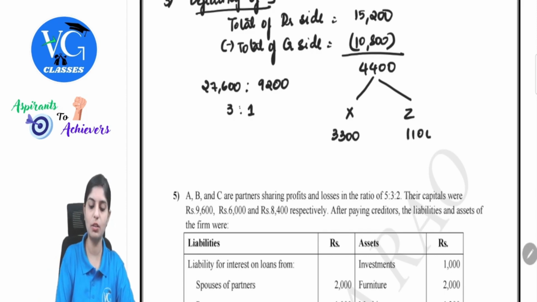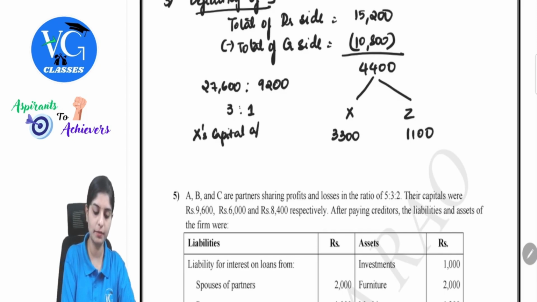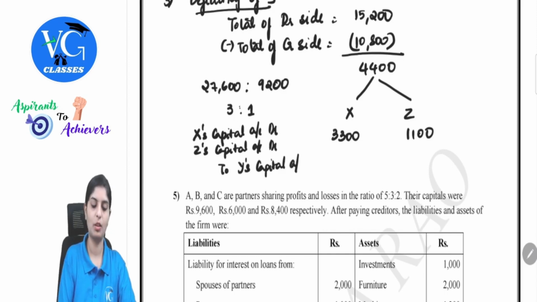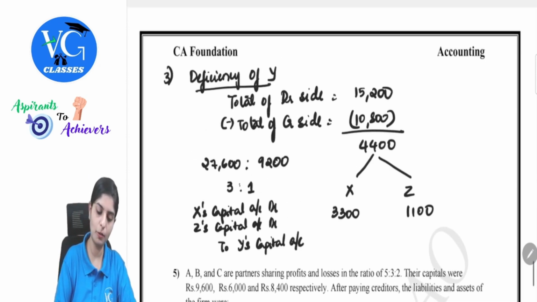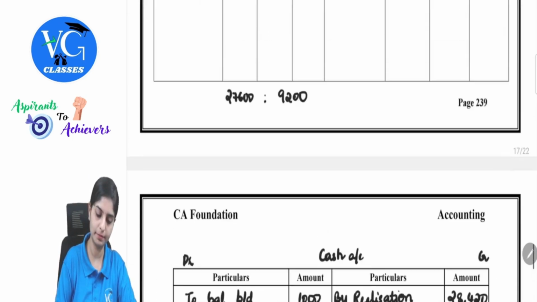3,300 and 1,100. So what will be the journal entry? X capital account debit, Z's capital account debit to Y's capital account. So to Y's capital 4,400.